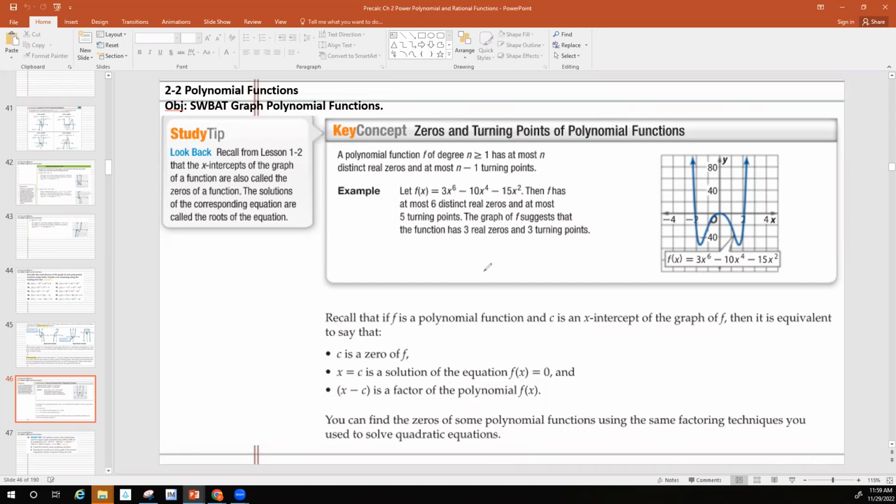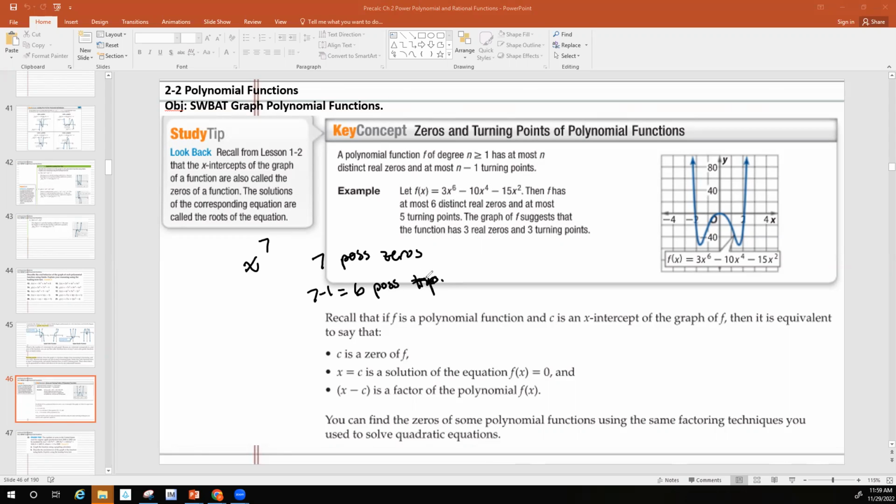Okay, so just like what we said. If we had x to the 7th, then it could have 7 possible zeros and 7 minus 1 or 6 possible turning points.